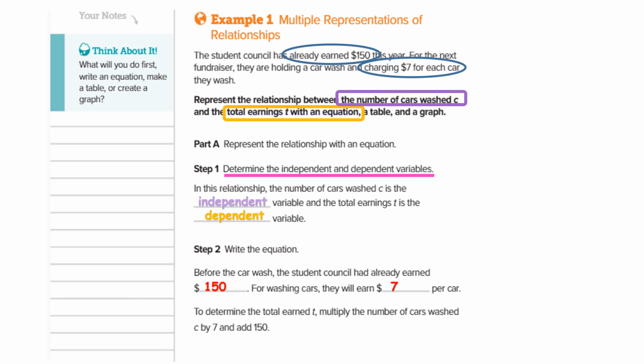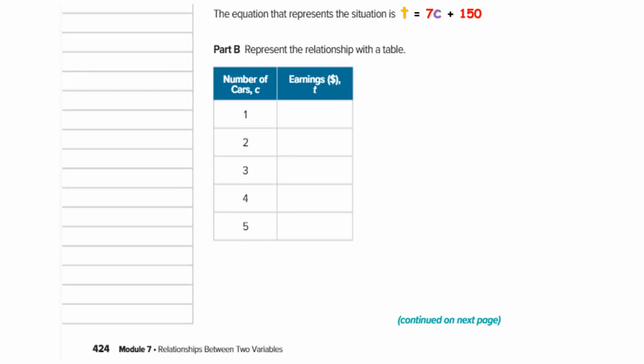In that situation, once again, that's a unit rate, 7 over 1. So I would multiply each and every car that I wash by 7. So first step, I come up with my equation that T, my total, my output, my dependent variable, is equal to 7C, that's multiplication, plus 150.